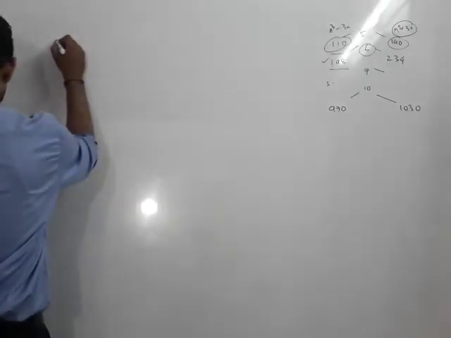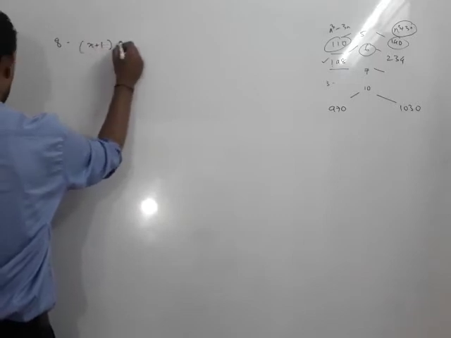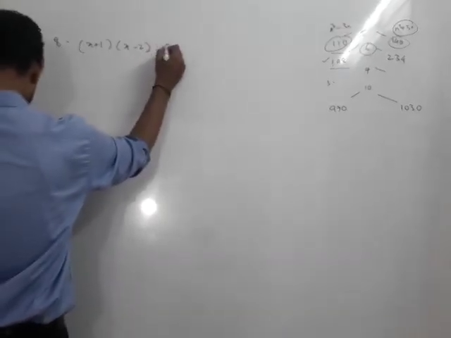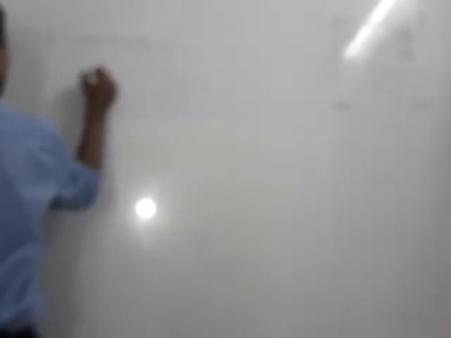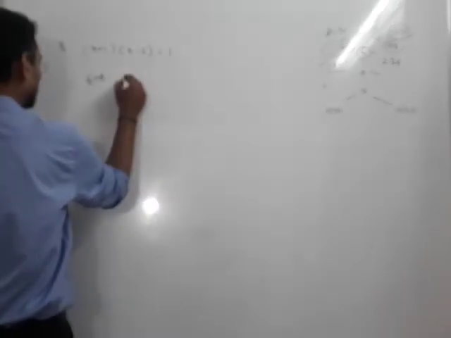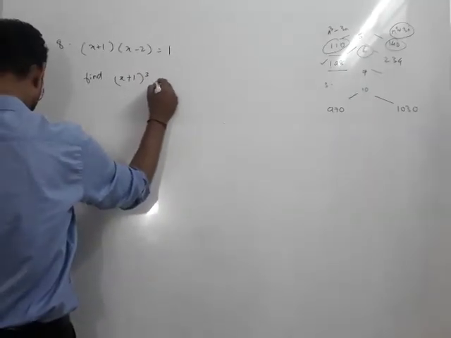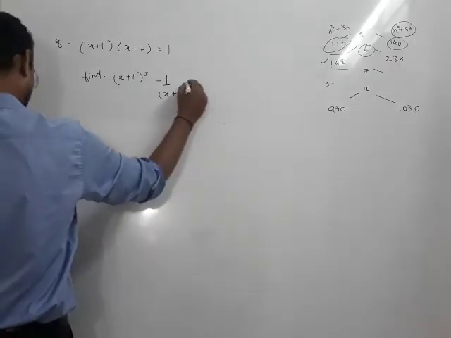Question number 8: x plus 1 into x minus 2 is given as 1. Find, just try to identify what kind of different sets they can ask, x plus 1 the whole cube minus 1 upon x plus 1 the whole cube.